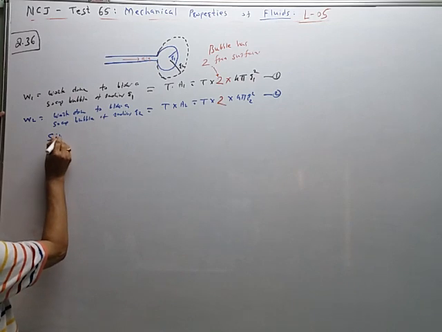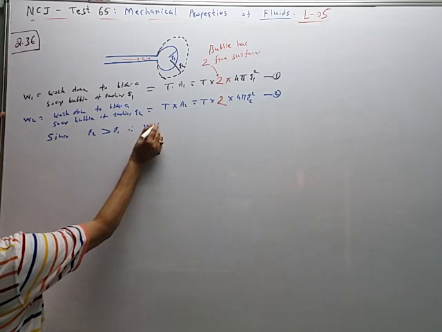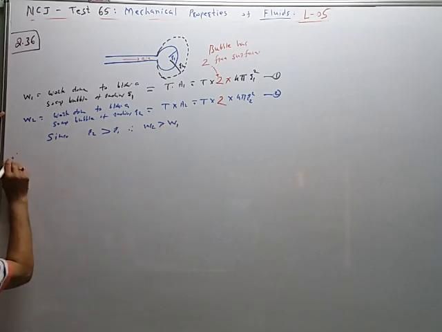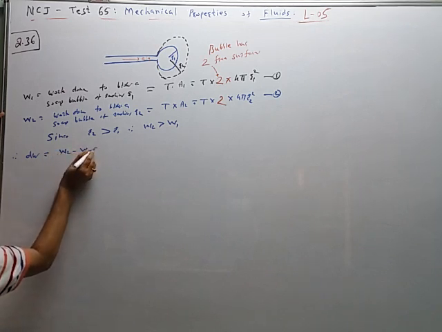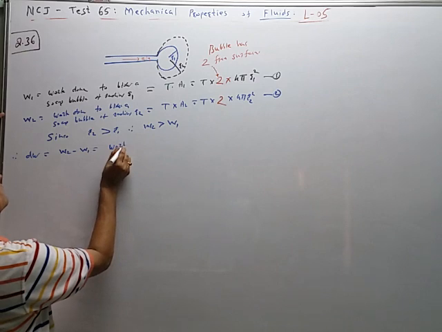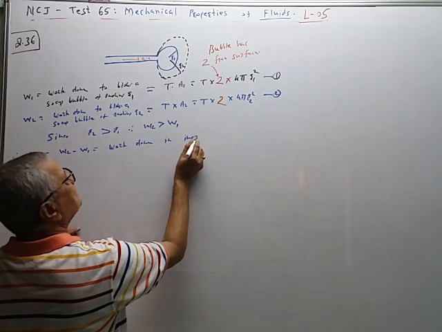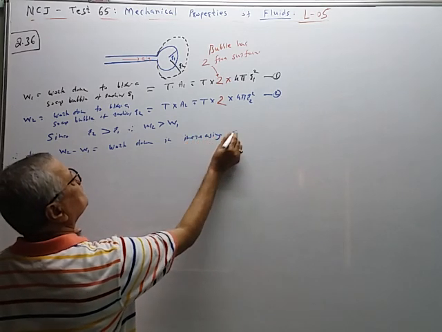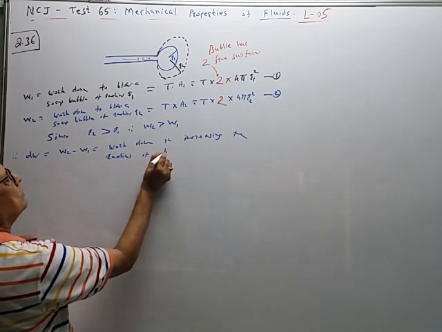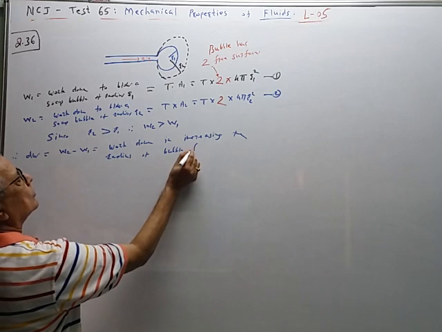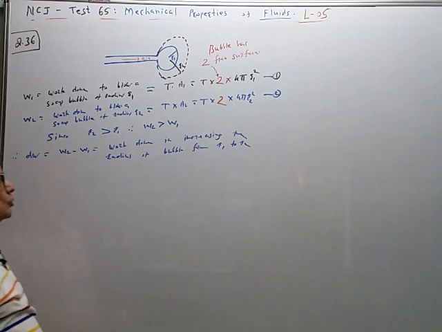Since R2 is greater than R1, therefore W2 is greater than W1, therefore dW is equal to W2 minus W1, which is the work done in increasing the radius of bubble from R1 to R2.